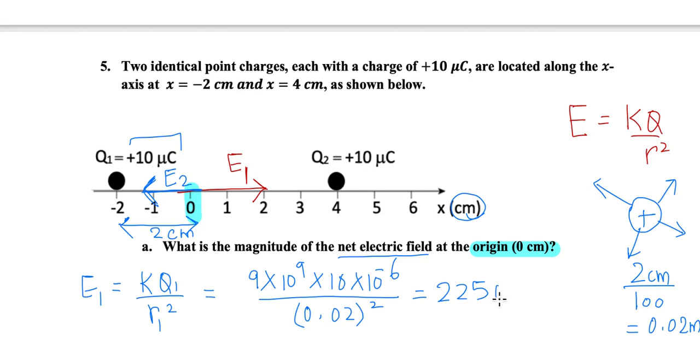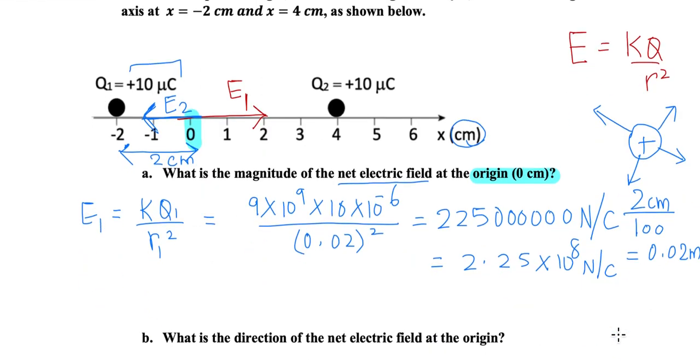So 1, 2, 3, 4, 5, 6, and I'll put the unit as Newton per coulomb. That's the electric field for Q1. Now if you want, we can write it in scientific format. I can write this as 2.25 times 10 to the power of 8 Newton per coulomb.